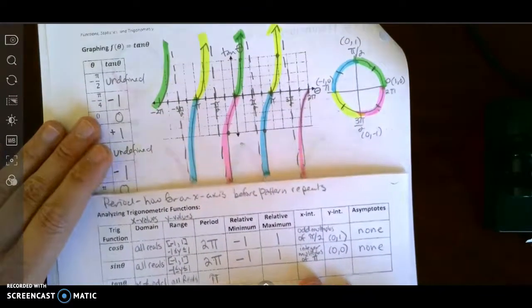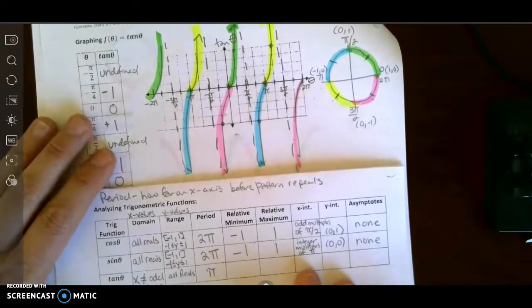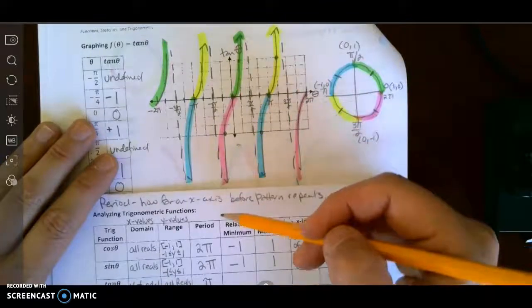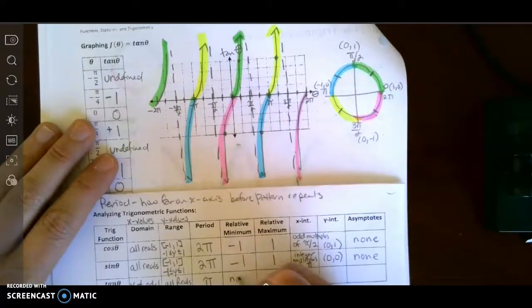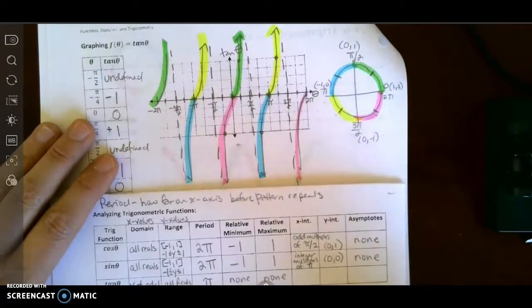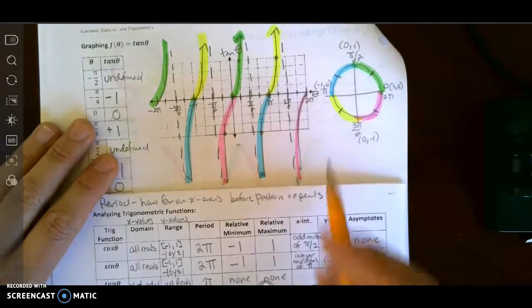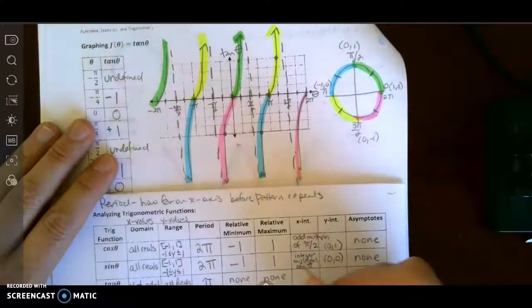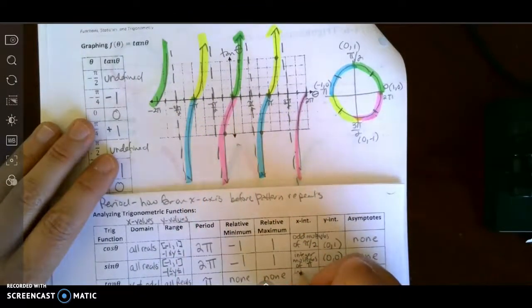It does not have a relative min or max because it goes to infinity or negative infinity, so there is no relative min or max. X-intercepts: it crosses the x-axis at all my integer multiples of pi.